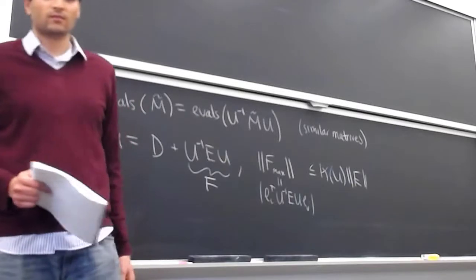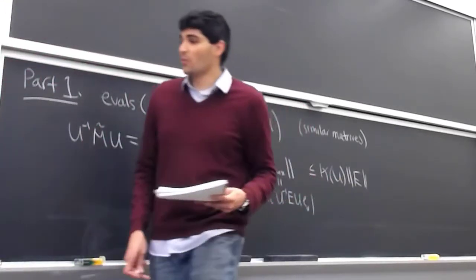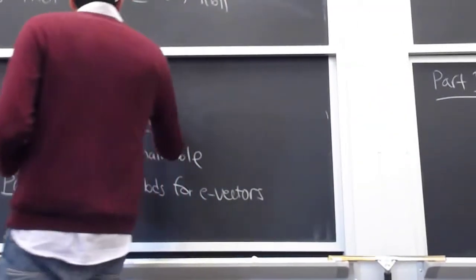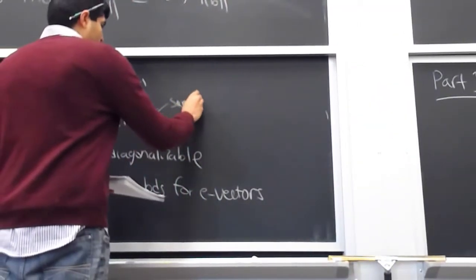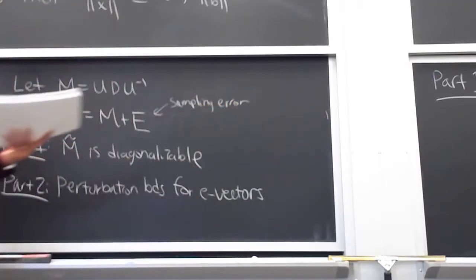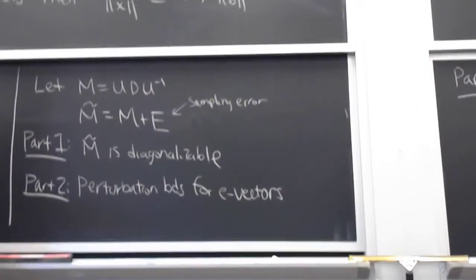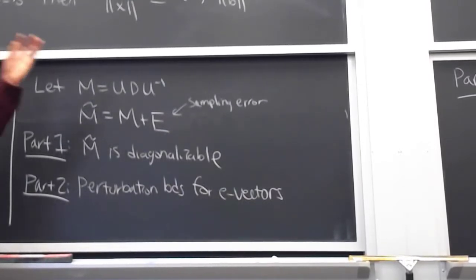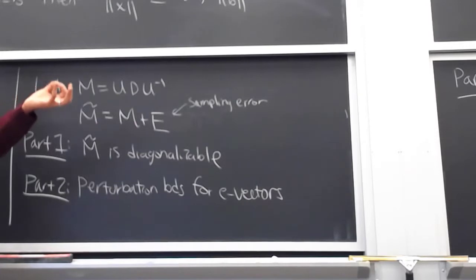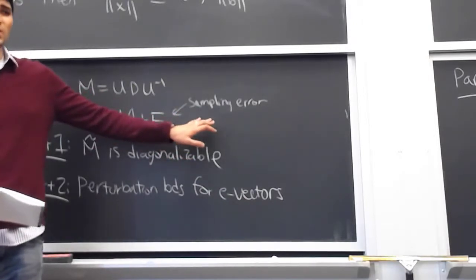Could you just repeat it again? Yes. So what do we have control over exactly? E, the way to interpret E in all of our discussions, is sampling error. The simplest version of this is, I have a coin which is p-biased, and I flip it a polynomial number of times, and I look at the empirical fraction of times that it's heads, that'll be p hat, versus the true fraction. p hat will never be precisely equal to p.